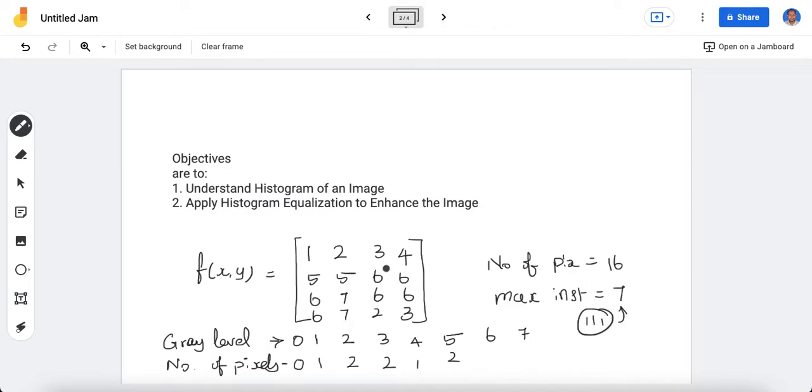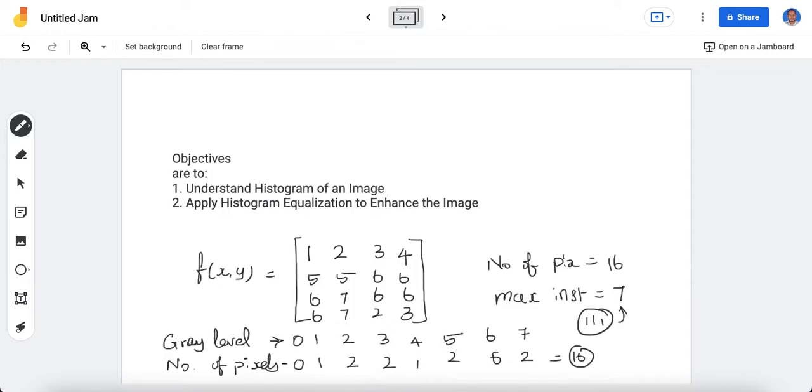Number of sixes, 1, 2, 3, 4, 5, 6. Number of sevens is 2. So the total number of pixels is 0, 1, 3, 5, 6, 8, 14 and then 16. So I am meeting my requirement. This is what we call a histogram.